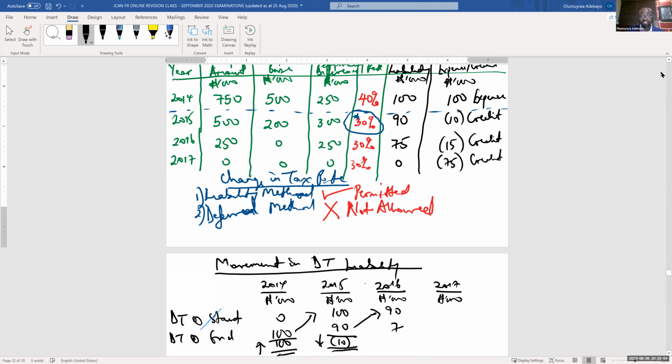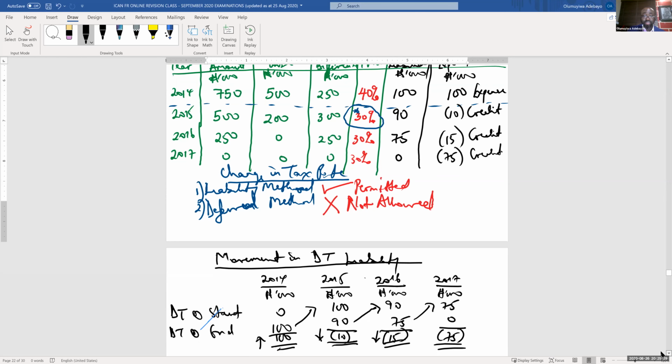Now it is 75. It has further decreased by 15. And that 75 is recognized in 2017 as opening balance. And as at the end of 2017, it is nil, which shows a total reversal, which means you just need to be more or less sure of the presentation method that best suits you.